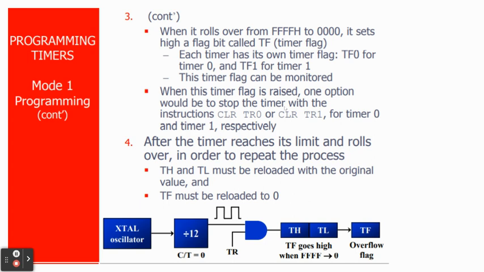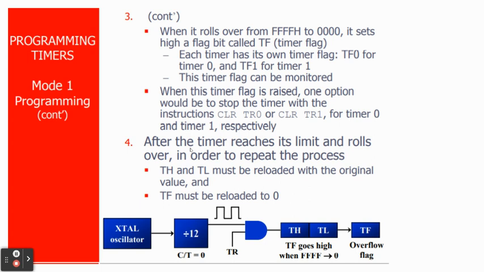I will show you that again later on. And if it is assembly language, the command is CLR TR0 if it is timer 0 that you want to stop, or CLR TR1 if it is timer 1 that you want to stop.